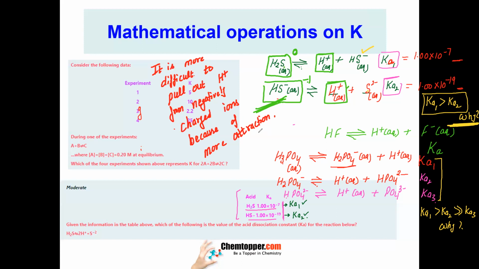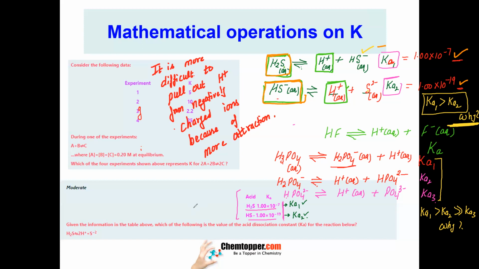And now answer my next question. I want all of you to answer. My next question is, which one is the stronger acid? This is an acid, this is an acid. Which one is the stronger acid? So compare their Ka values. Yes, Sanvi? Stronger acid. Which one is stronger?